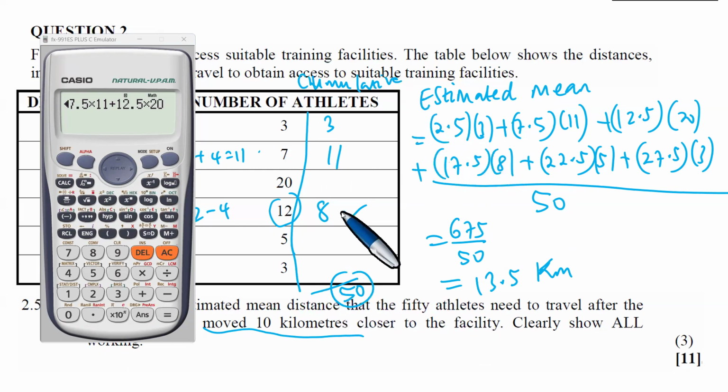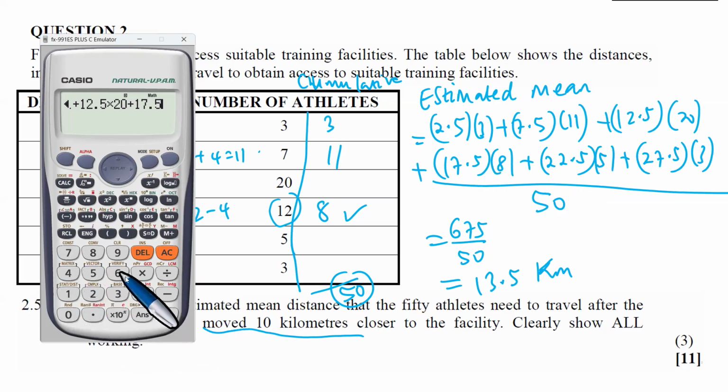Okay, I'm trying to check your feedback there. Yes, because the 50 is the total number of the items, right? Okay, 12.5 by 20.